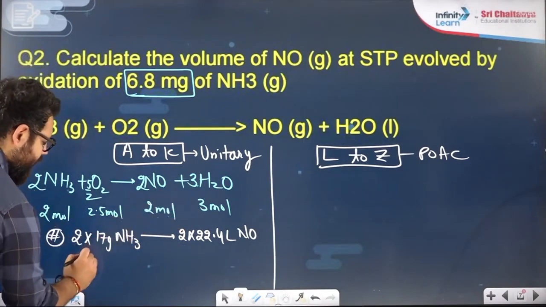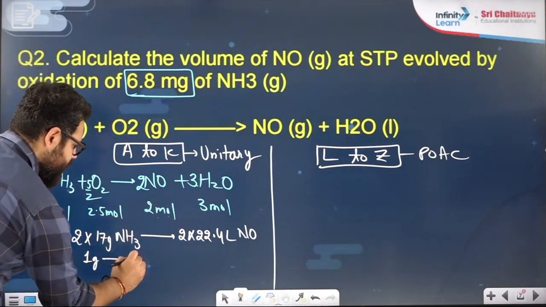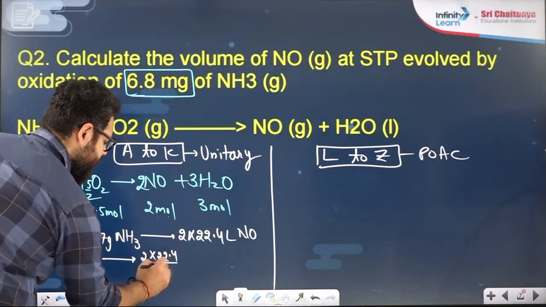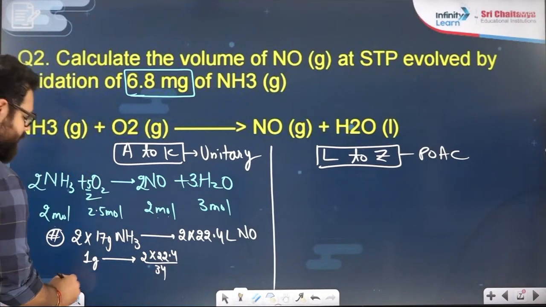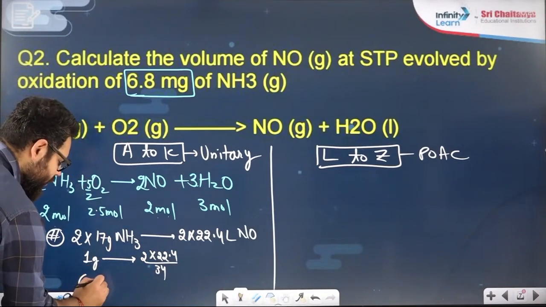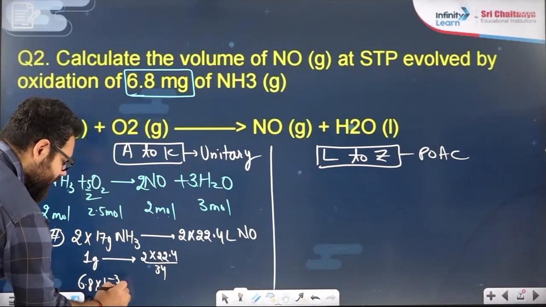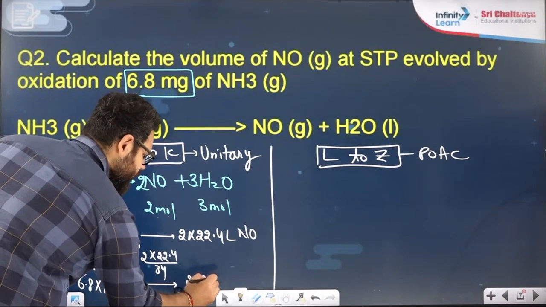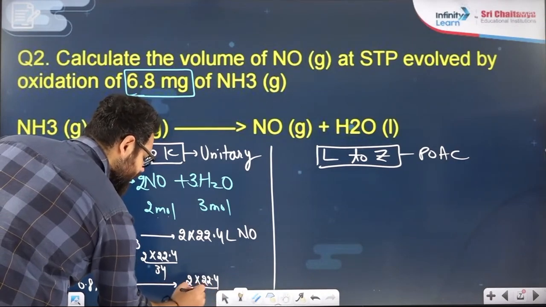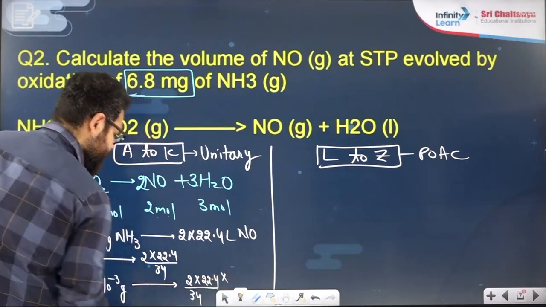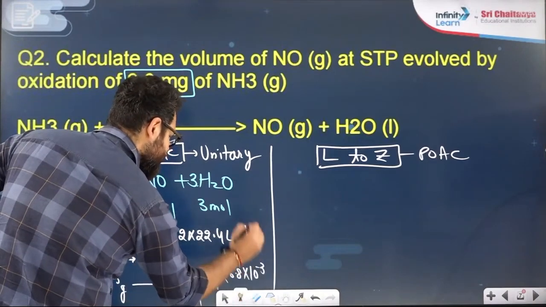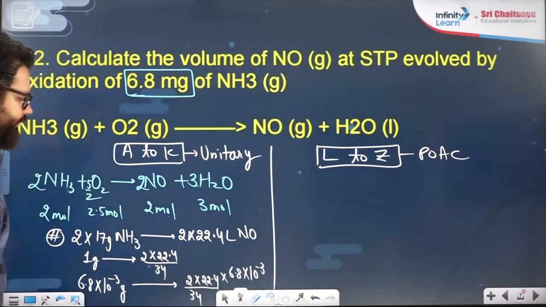So 1 gram will produce 2 times 22.4 by 34, and 6.8 milligram means 6.8 into 10 power minus 3 gram is going to produce 2 into 22.4 by 34 into 6.8 into 10 power minus 3 liter.